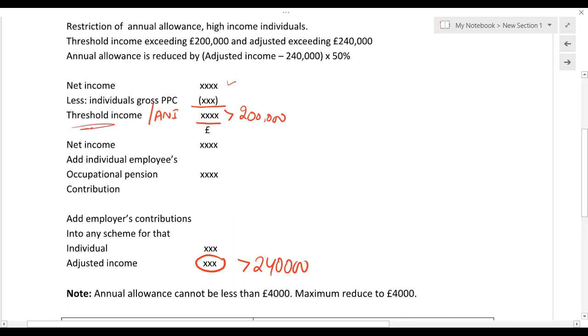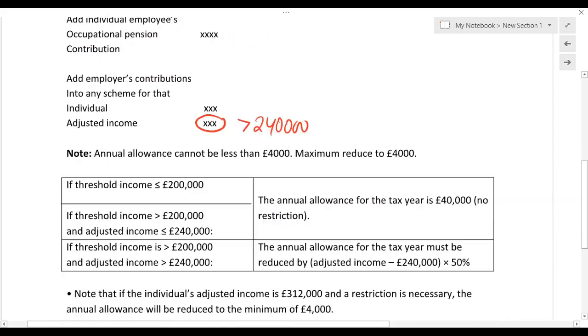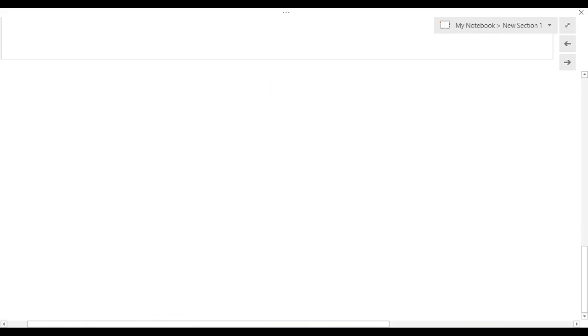Threshold income, I told you, is simply ANI, adjusted net income, because from net income you deduct individual gross PPC. Let us discuss the format of adjusted income, because two conditions must be met at a time: threshold income more than 200,000 and adjusted income more than 240,000. So let me discuss how we calculate adjusted income.